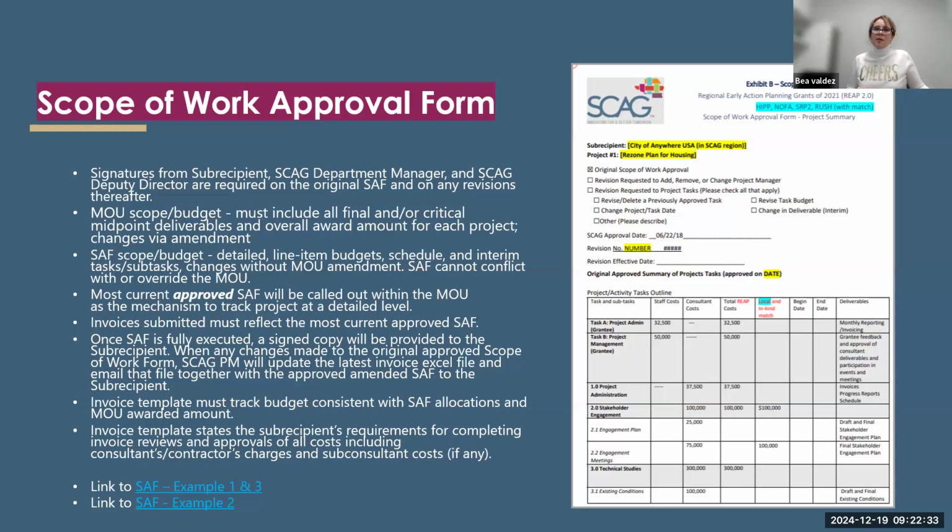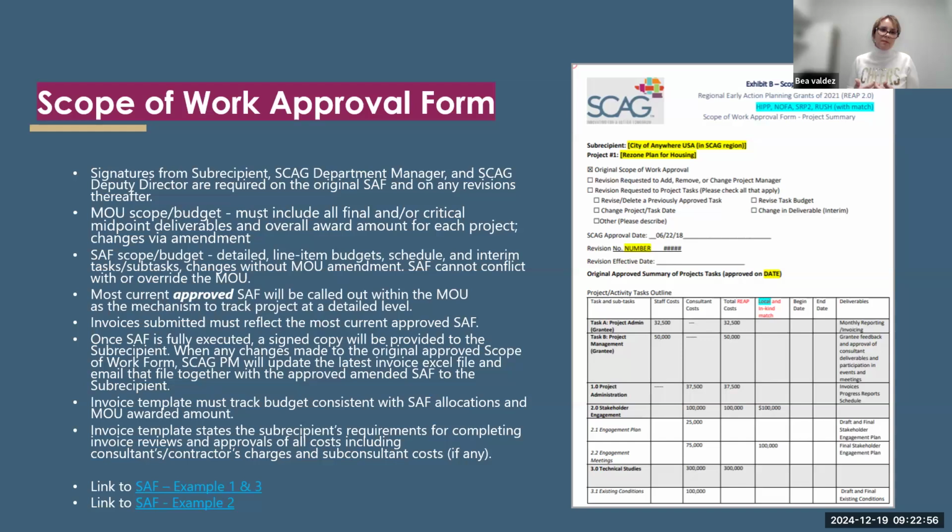Okay. So one of the reasons we were being asked is, why do we need a PDF file of your invoice template and also the Excel file? Because changes can take place, like your fringe rate or your indirect rate, or changes to your budget between tasks through the direction of your MOU.